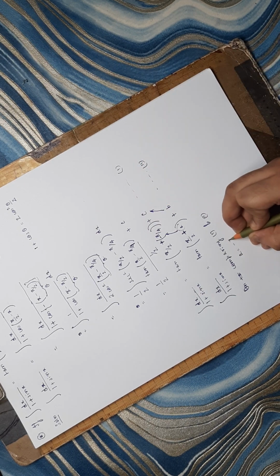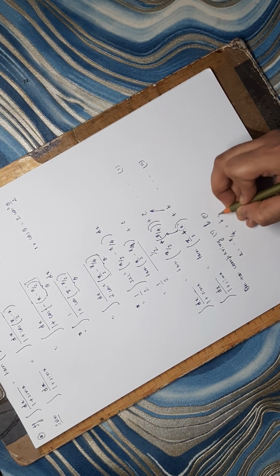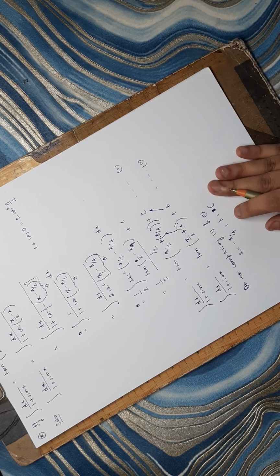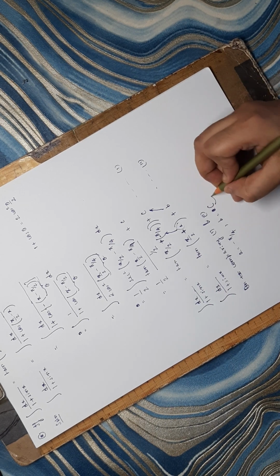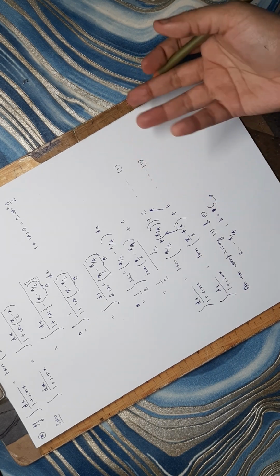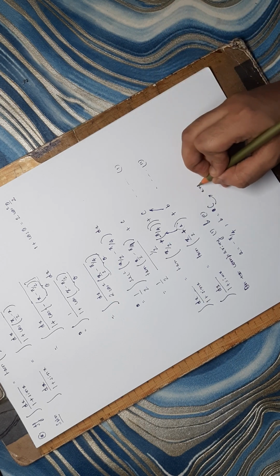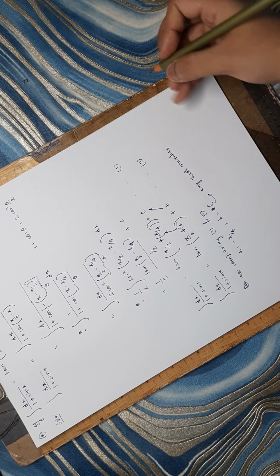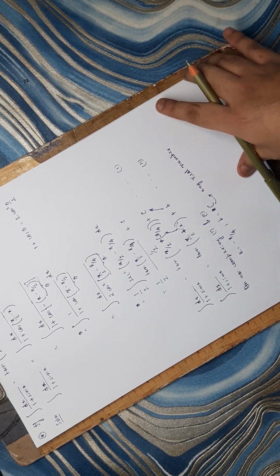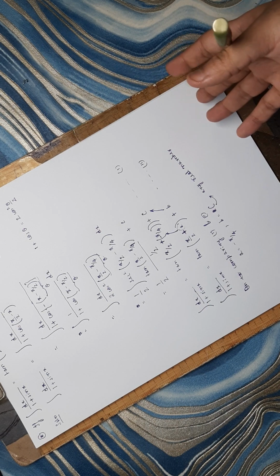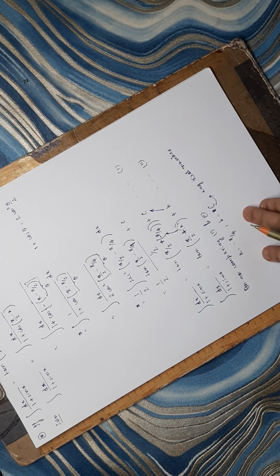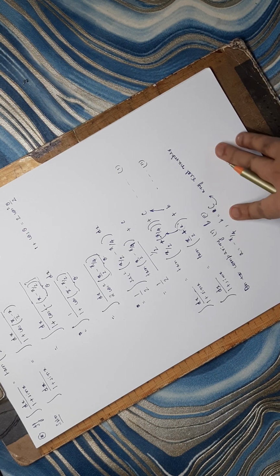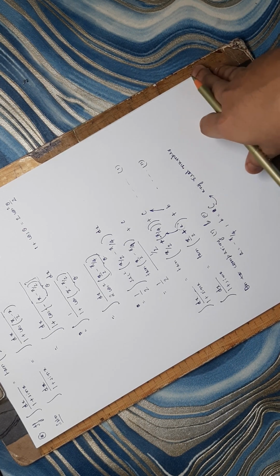So a will become minus pi by 4 and b will become c. I hope you got it. Where c is any constant, nothing but any real number. So finally the answer that we got is that the value of A is minus pi by 4 and B is capital C, which is any real number.